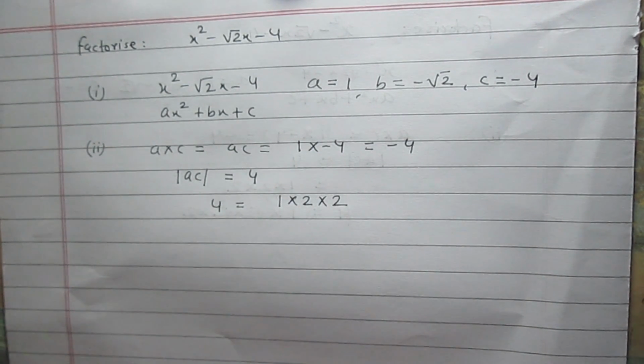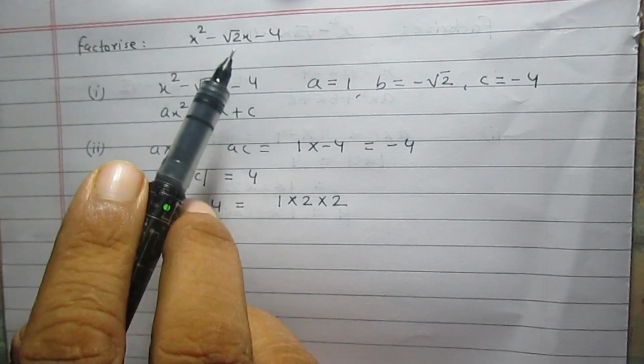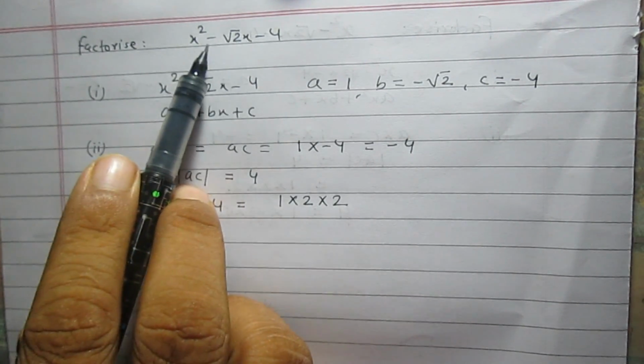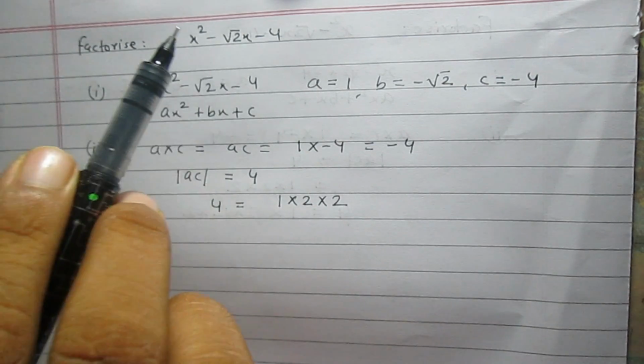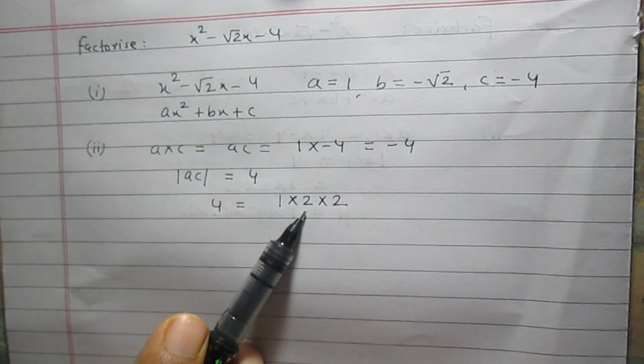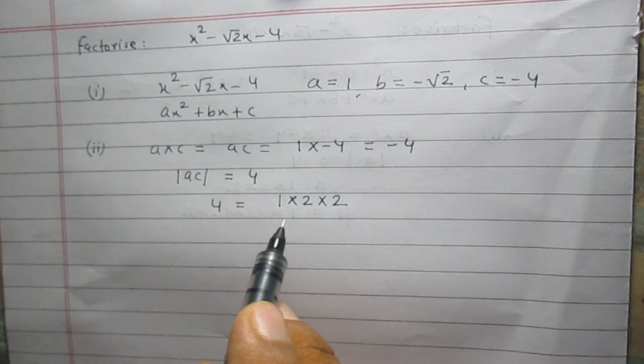We observe that square root of 2 is present in the middle term of the quadratic expression. Since square root of 2 is present here, so square root 2 must be present as a factor of 4. How can we do it?